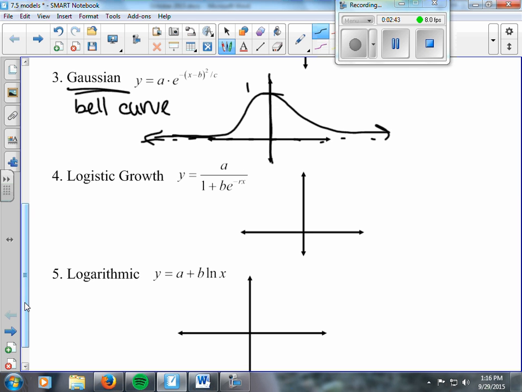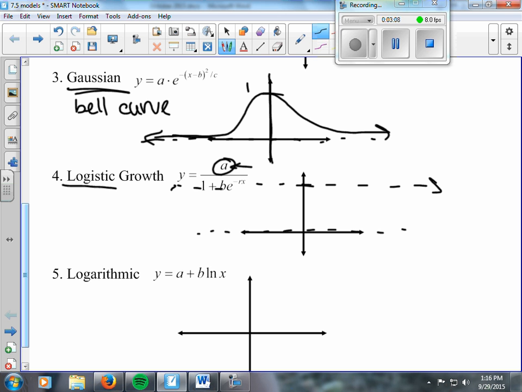Okay, then we have logistic growth. Populations do not grow exponentially. They sort of grow exponentially. They actually grow logistically. With logistic growth, you still have this horizontal asymptote at y equals 0, but you will have a second horizontal asymptote at y equals a, that top number in your function.